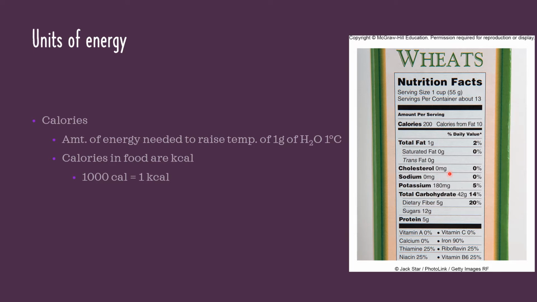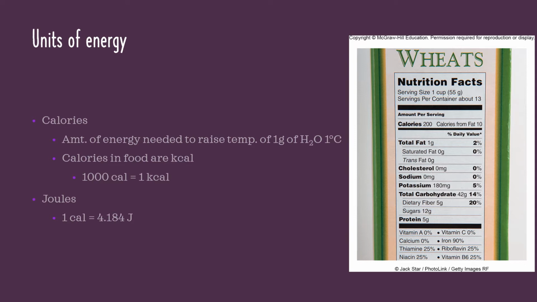And 1 kilocalorie is actually the calories that you see on your nutrition facts on your packages of food. So like this here, it says it's 200 calories per serving. In reality, this is 200,000 calories, the calories that I'm talking about that we use in science. So the calories that are in your food are actually kilocalories.